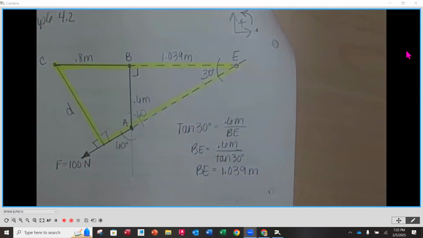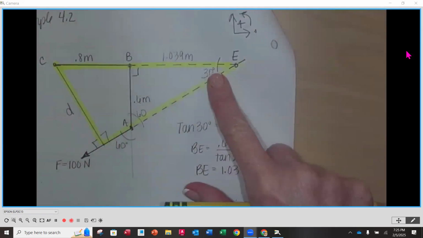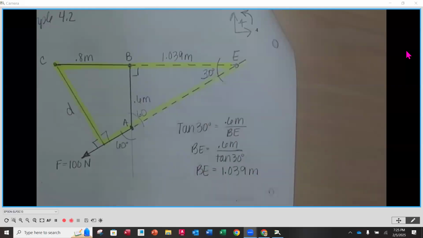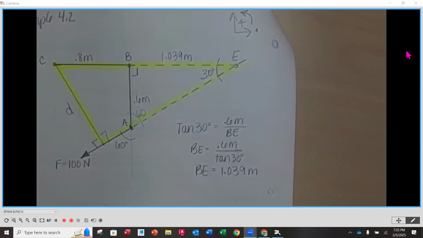Sine, cosine, or tangent, people? Virtuals, we're going to put them to work. Am I going to use sine, cosine, or tangent to find D if I know 30 and the hypotenuse? Which one? In the room, sine. Yep, that sounds good. Thank you, Josh.